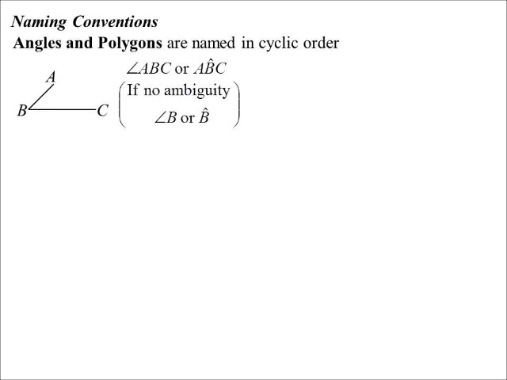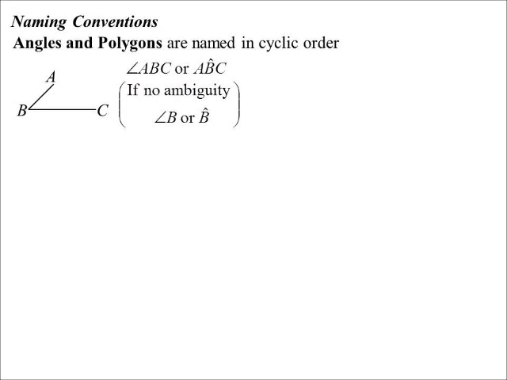So this angle, I could call angle ABC with an angle symbol out the front. Sometimes, instead of putting the angle symbol at the front, we put a little caret symbol above the actual vertex. So that also means angle ABC. If there was no ambiguity, then sometimes we just name the vertex and call it angle B. What I mean by no ambiguity is it's clear which angle I'm talking about.